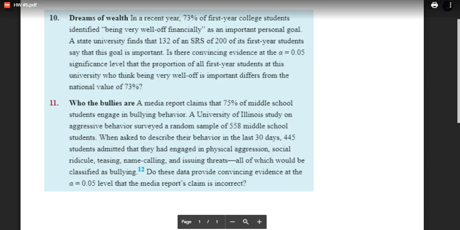What's my n for number 11? 558, very good. What is my p hat for number 11? 445, which is way too many bullying occurrences out of 558, which actually equals 0.8. I think it's like 0.797, so it's around 0.8. And what is my alpha? It is given 0.05. Okay, so you do the rest.